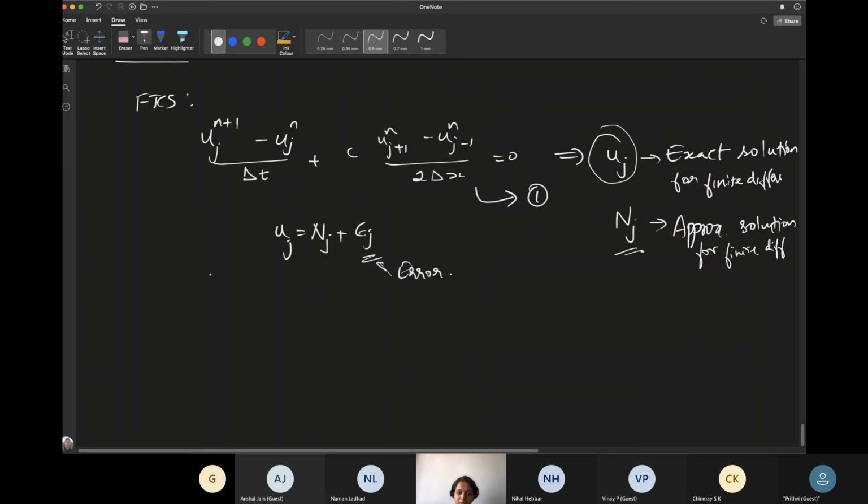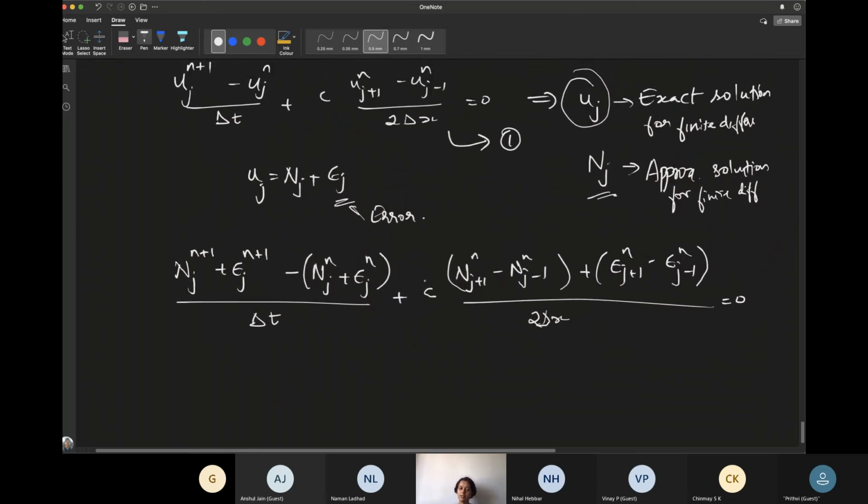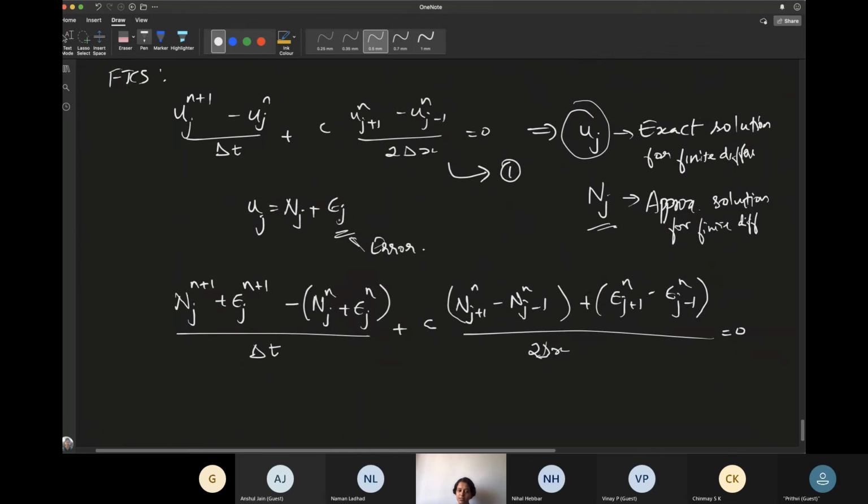Now if you substitute this into your first equation, you will get, and if you look at it carefully, the order for epsilon j is different.